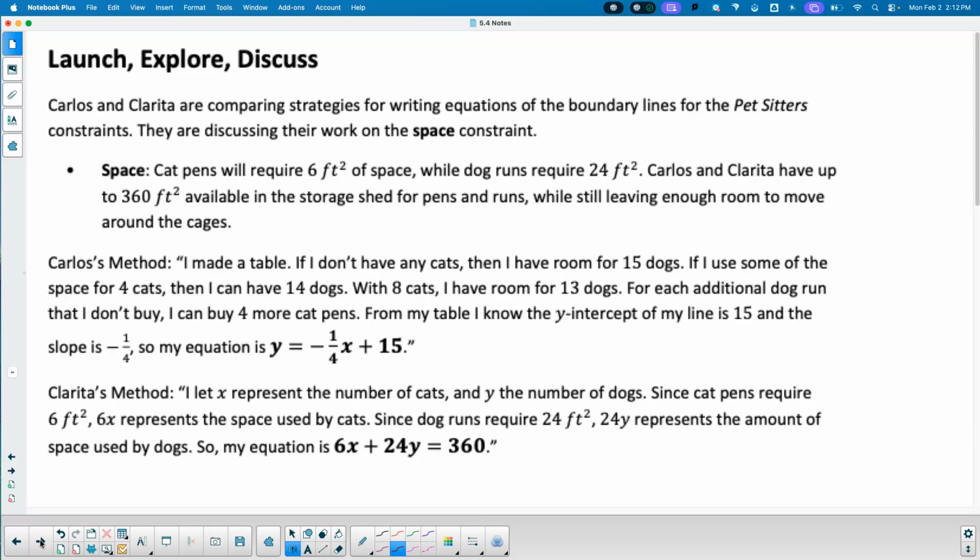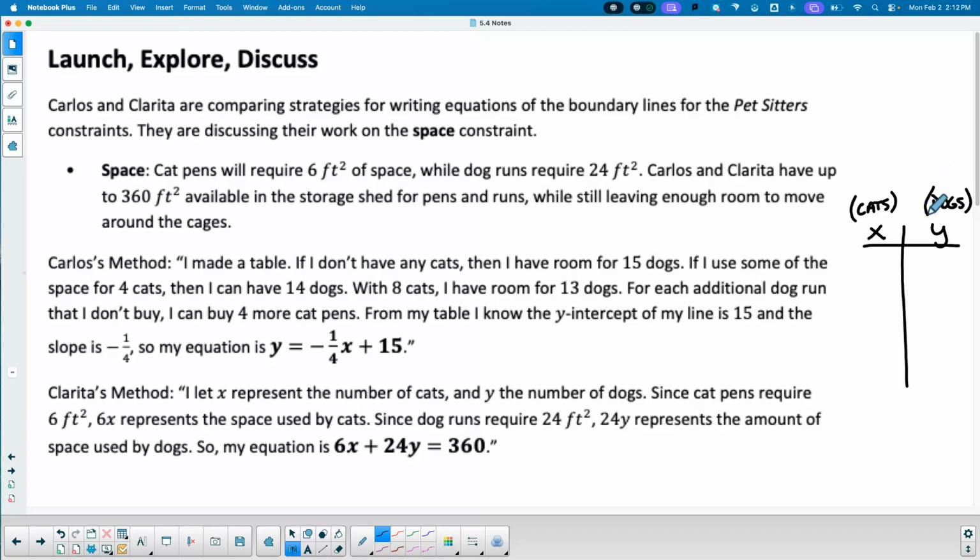So Carlos decided to make an equation based off of that. Carlos made a table, and in his table, X was cats and Y was dogs.